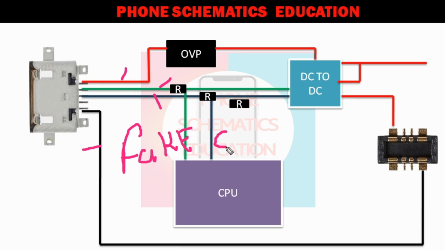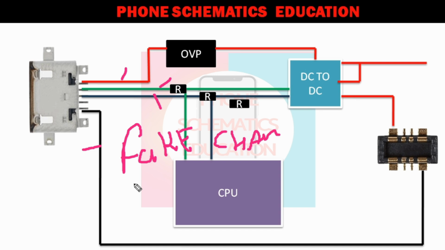Now, what is fake charging? You have noticed that when a phone comes to you with a charging issue, the charger is connected but the battery is not charged. Suppose a battery is at 15% when you connect a charger: a charging sign appears and a charging sound also plays.